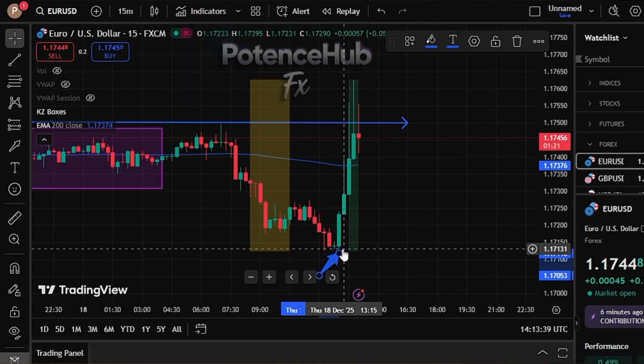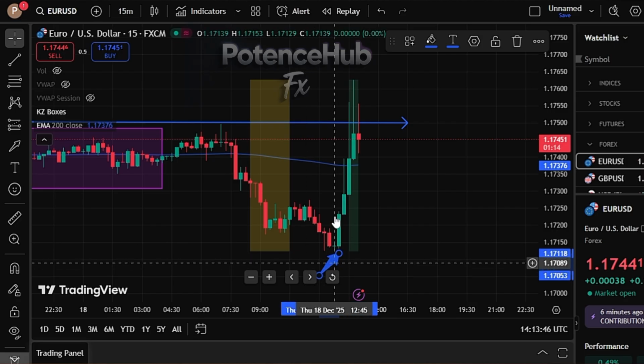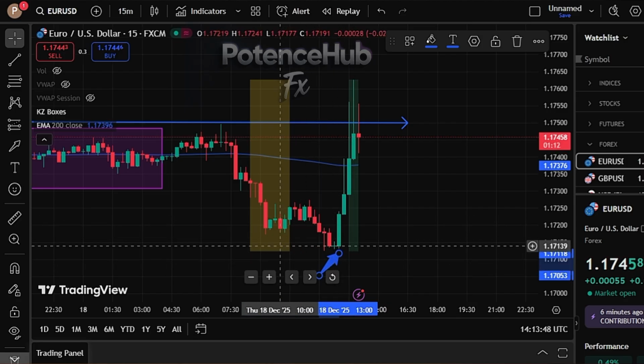That's pretty much it. Now let's take our time to analyze what this point really is. This very point, as you can see right here, the market is still on. The bulls are all over the market.